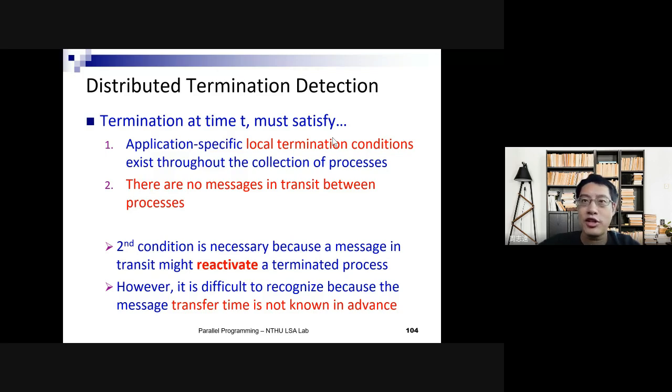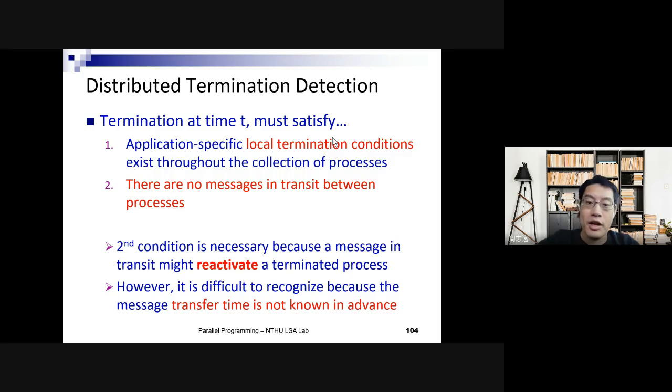So if you can determine it earlier, that means you can complete the computation earlier, and then you can shorten your execution time. How to determine a termination condition is actually quite important in a parallel program. Not only can you avoid errors and those problems, but you can also reduce the execution time.